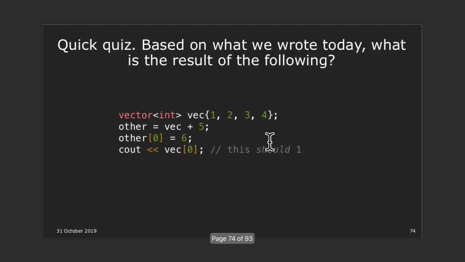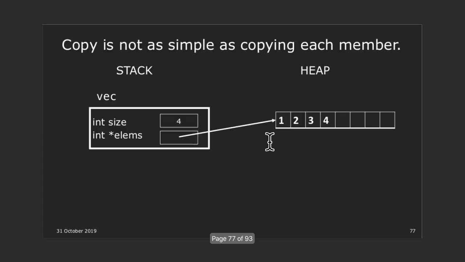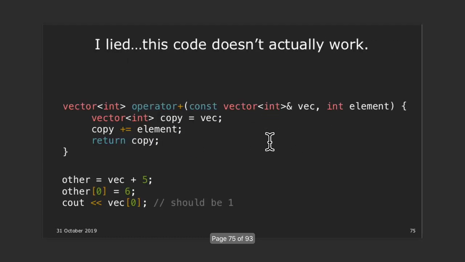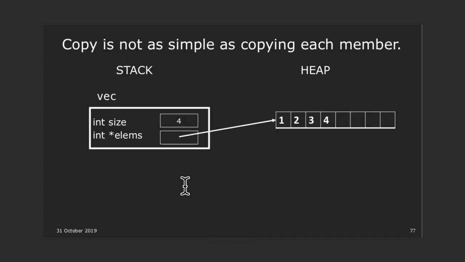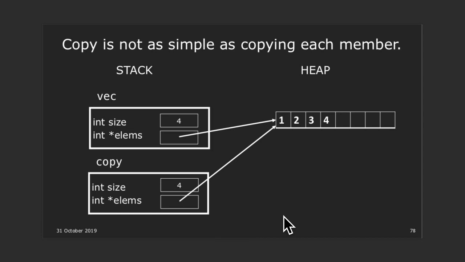Okay. The key thing we'll be doing next time is suppose we wrote code like this. The equal sign doesn't actually work because when we do the equal sign on this vector, so this is a vector, size 4, the elements are pointing to stuff on the heap. When I try to copy this vector to another vector, what happens?